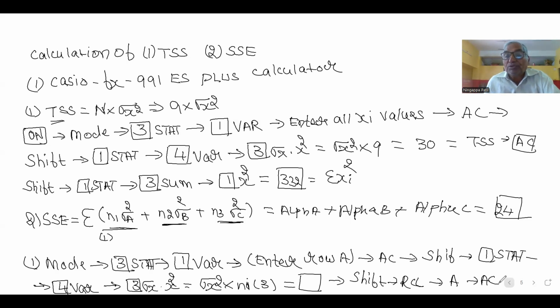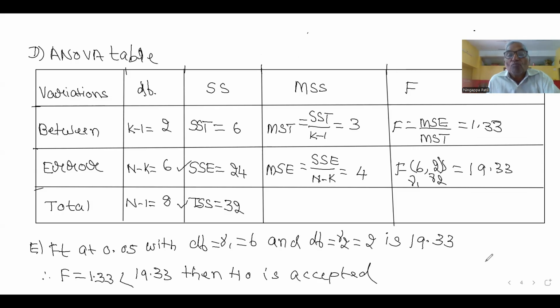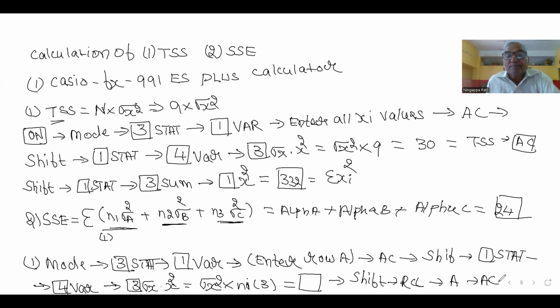Look here: 2 equal to button, 4 equal to button, 6 equal to button, 3 equal to button, 5 equal to button, 7 equal to button, 4 equal to button, 6 equal to button, 8 equal to button, AC. Okay, you entered all the values there.